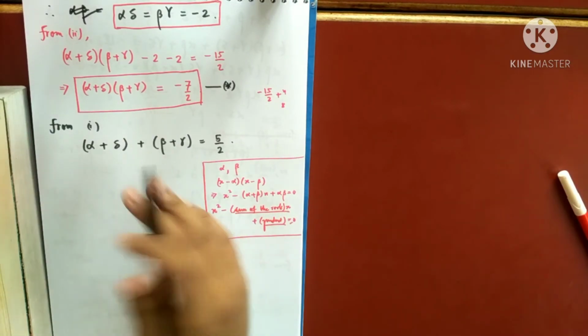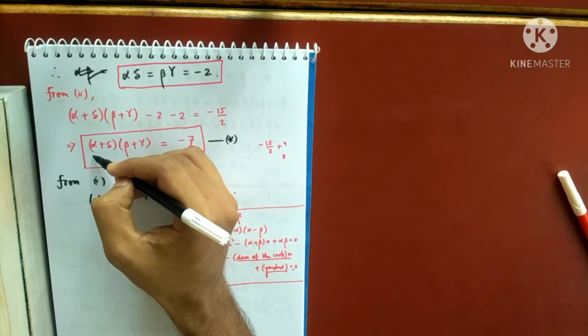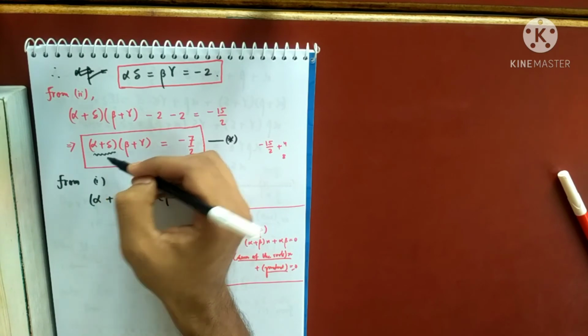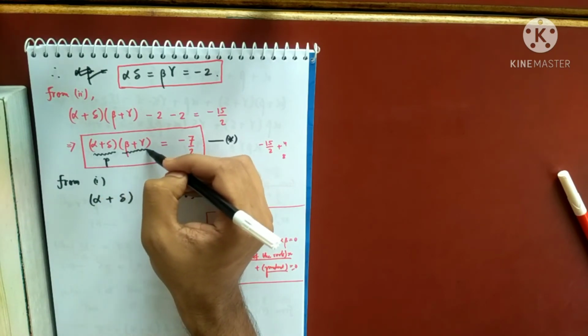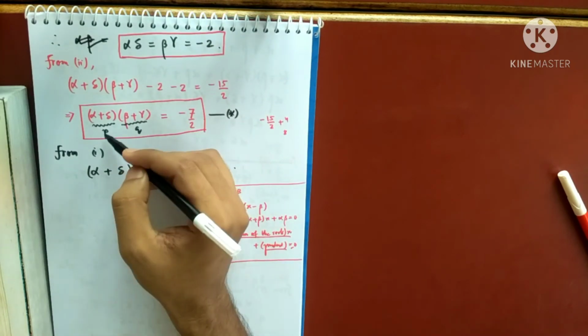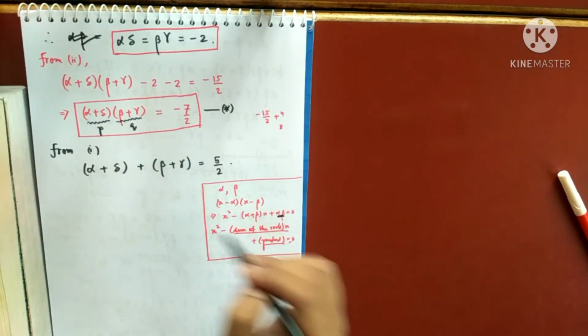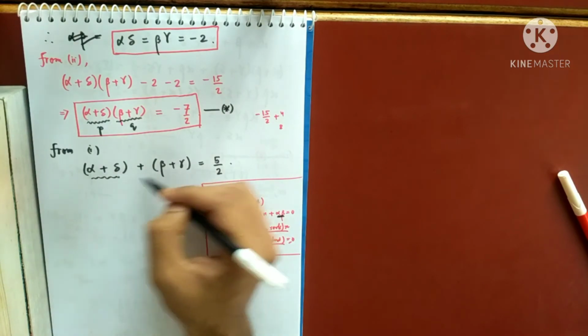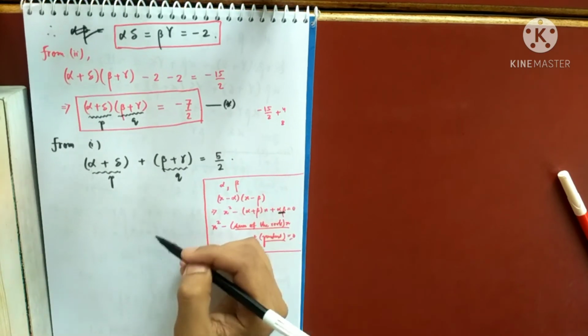Just see these two equations, this one and this one. Consider this as, suppose, P, and suppose this as Q. So what I am getting: P into Q is minus 7 by 2, and P plus Q is this.